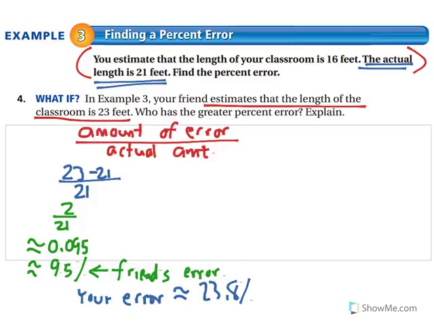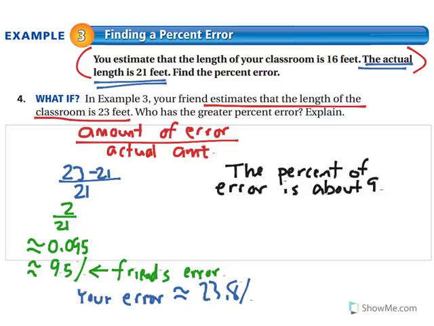The percent of error for your friend is about 9.5%. And so your percent of error is greater.